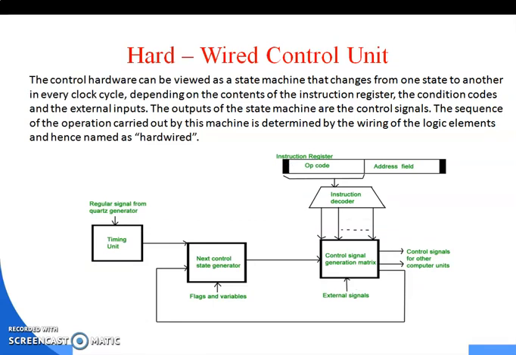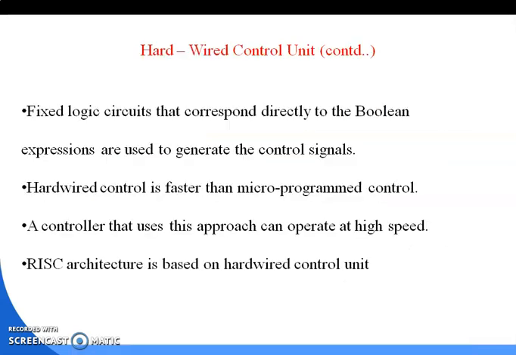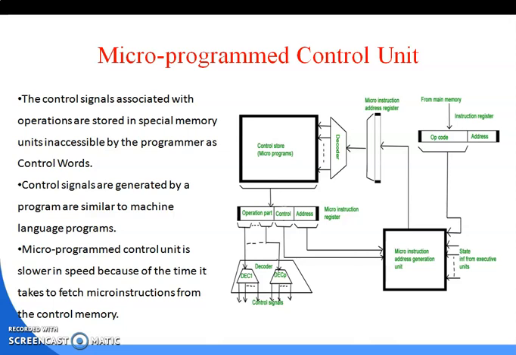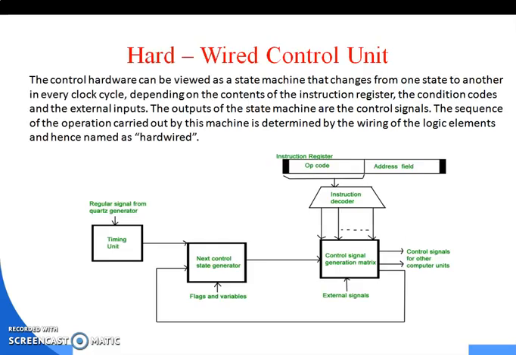Lastly, we have the hardware control unit and the microprogram control unit. These are the two things we're going to discuss. The hardware control unit means the control hardware can be viewed as a state machine that changes from one state to another in every clock cycle, depending on the contents of the instruction register, the condition codes and the external inputs.